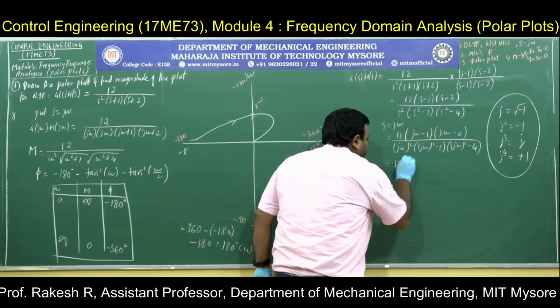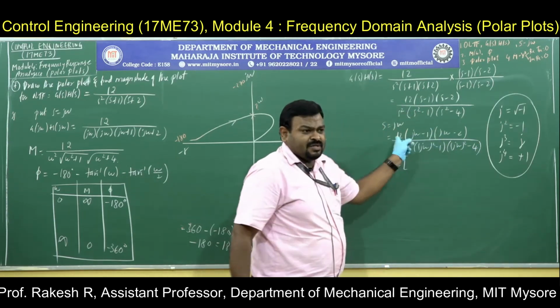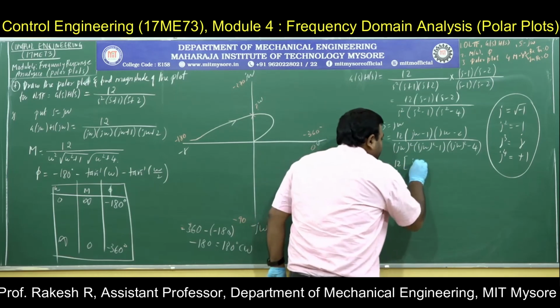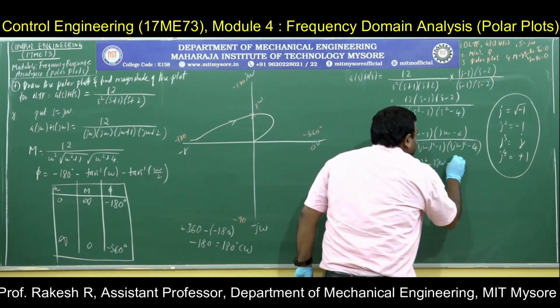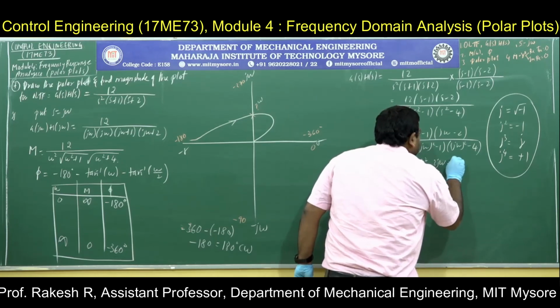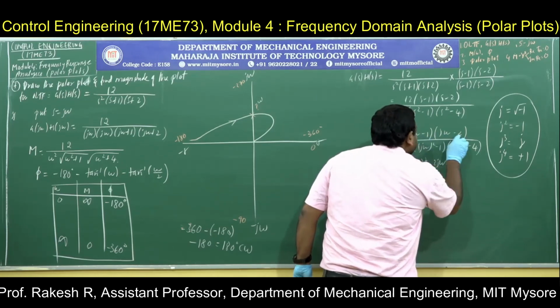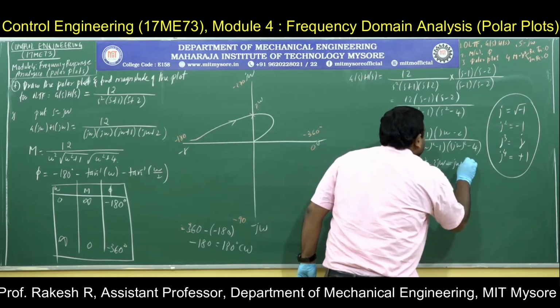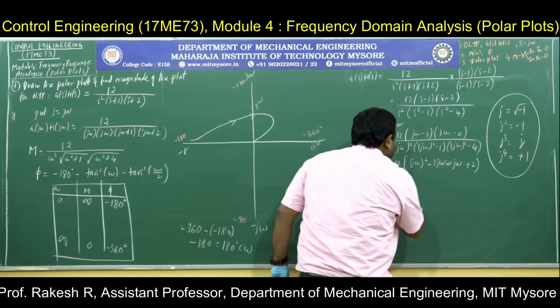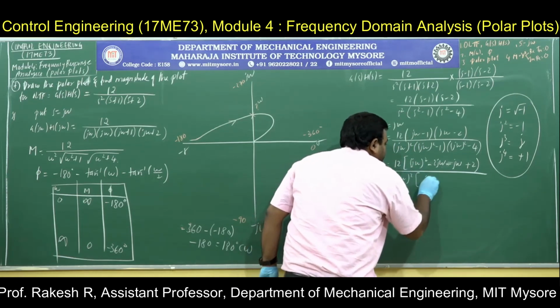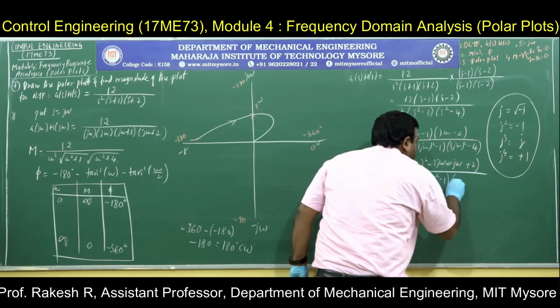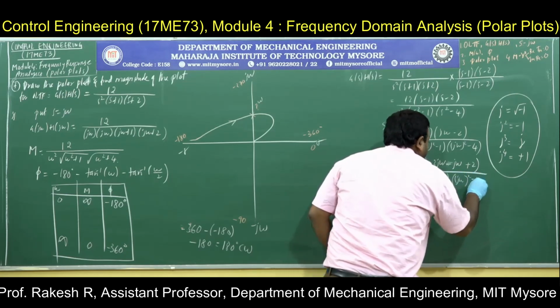Before that, multiply this out: (jω)(jω) is (jω) whole square minus 2jω minus jω plus 2, divided by the denominator.